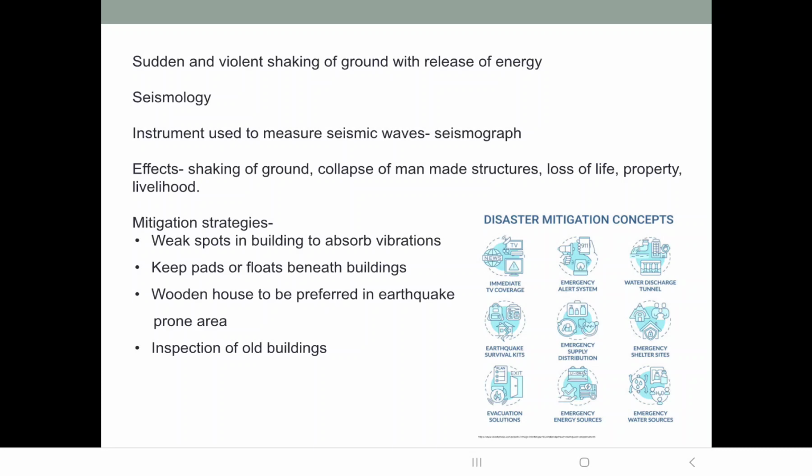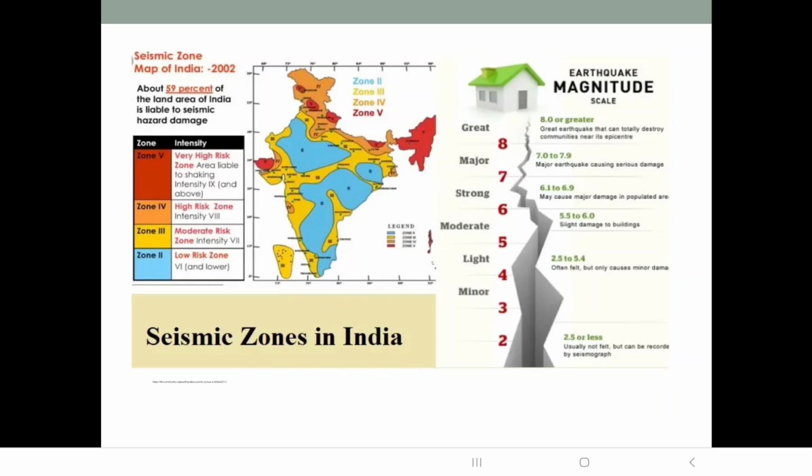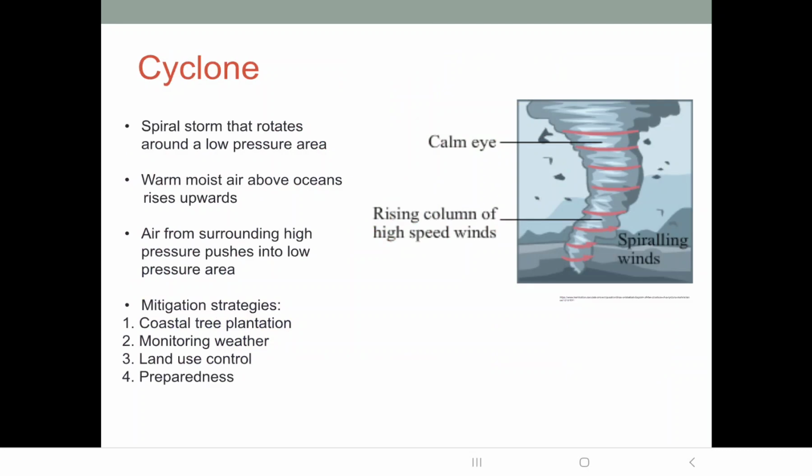Then establishment of an early warning system. Soil testing can be done before a building is constructed on a particular area. Then we have looked at the various seismic zones in India, and earthquake is measured on the Richter scale.